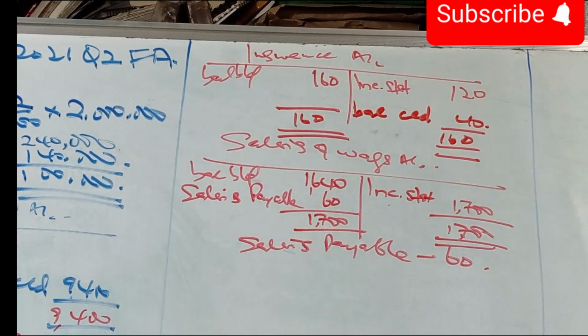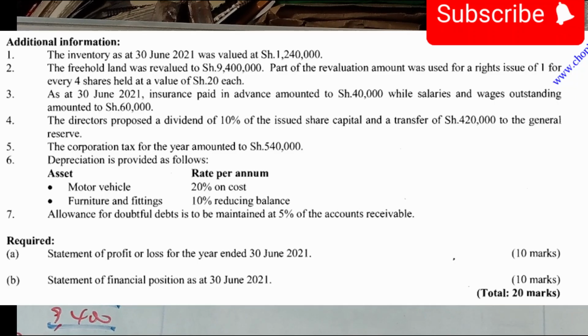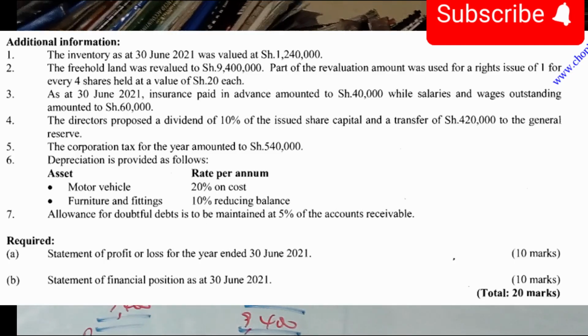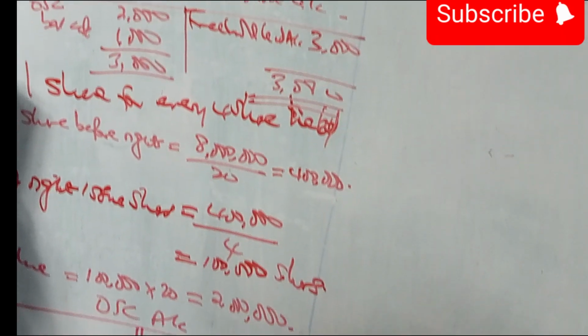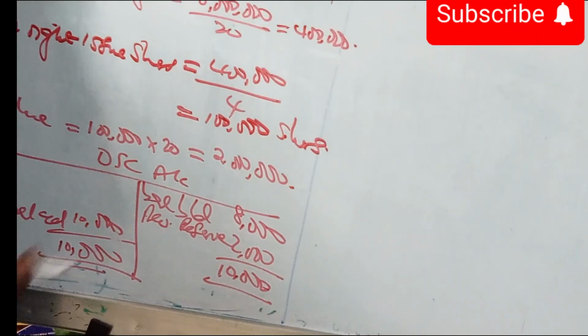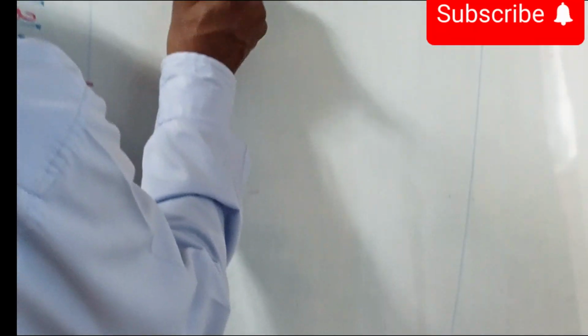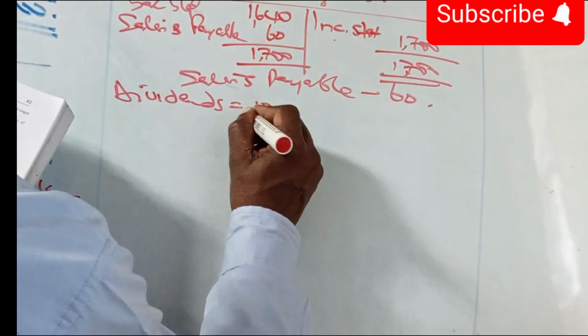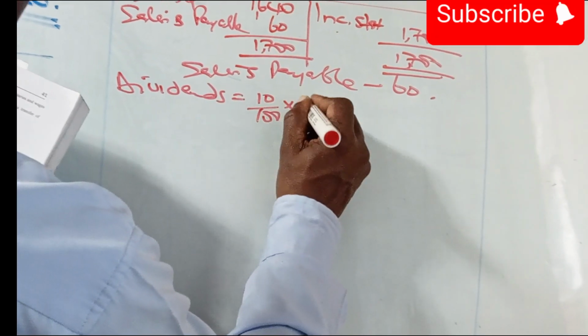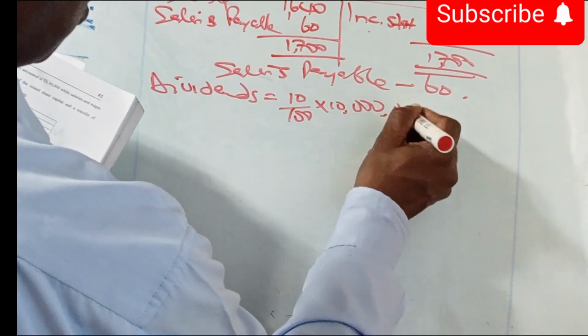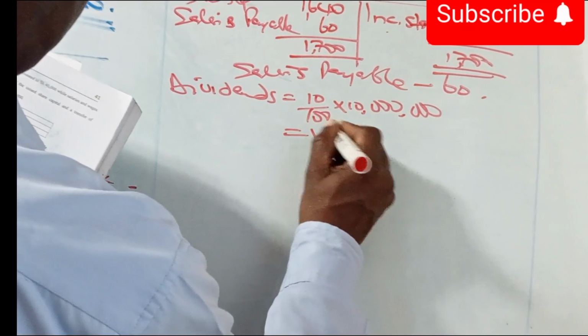The directors propose a 10% dividend of the issued share capital. At the end of the year, we are told we are proposing a dividend of the issued share capital. So our issued share capital is not 8,000, our issued share capital is 10,000. So our dividend is 10% of 10 million, which is 1 million.